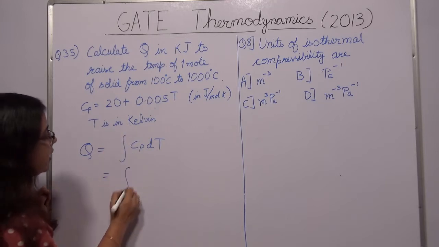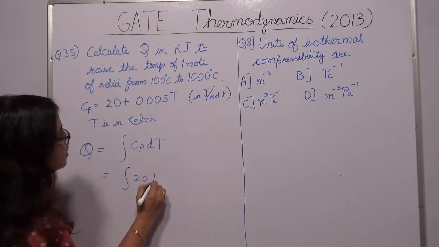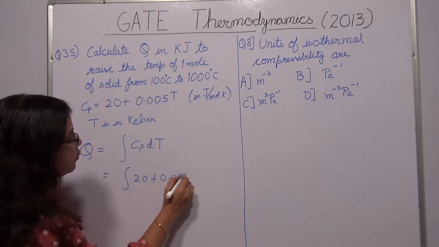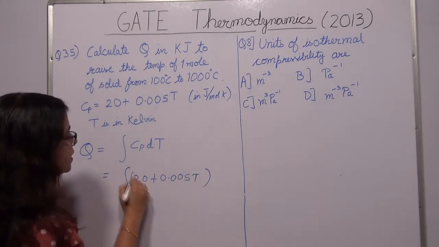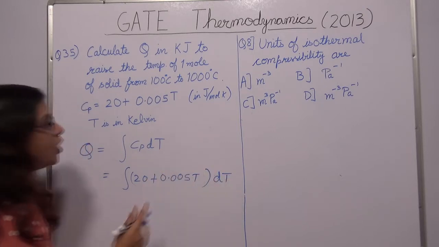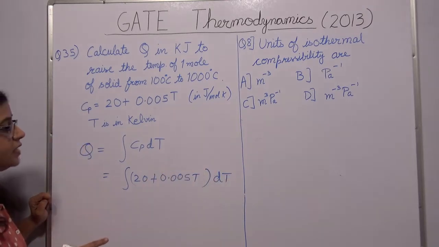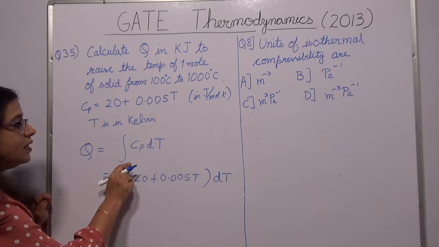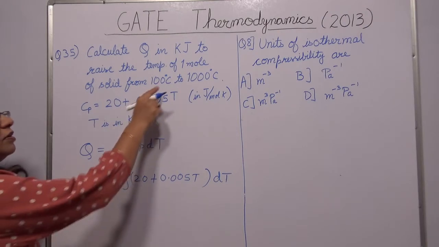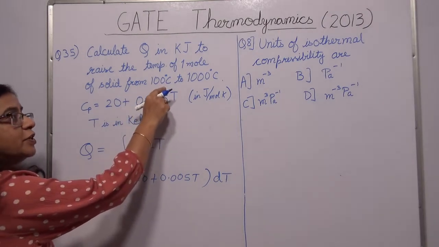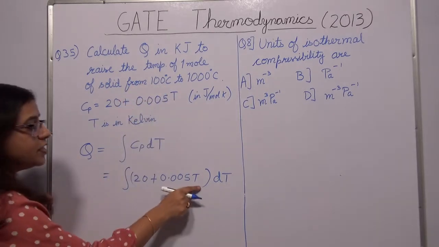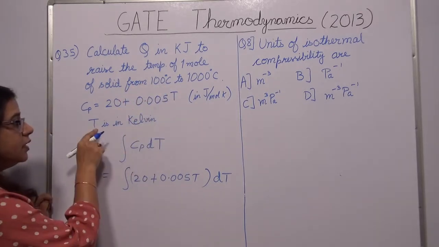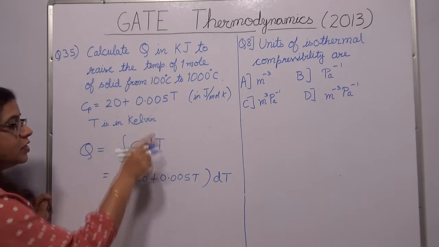So what it is: integral of (20 plus 0.005 T) dT. The only thing which you have to take care over here is that when you are putting the limits of temperature, don't forget to convert them into Kelvin, because here you have been asked to use the temperature in Kelvin scale.